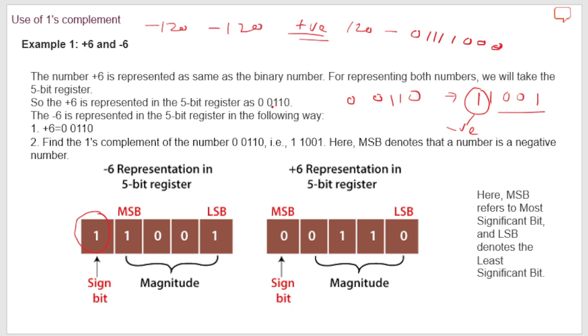Okay, so for minus 120 I will take the complement of it, so then it is 1 0 0 0 0 1 1 1. And this 1 is represented as the sign bit for minus 120.